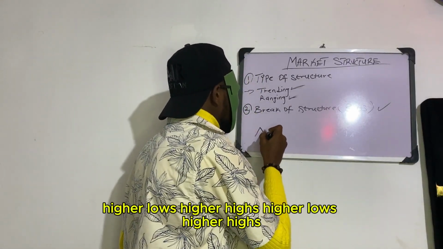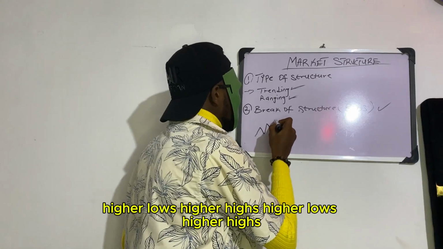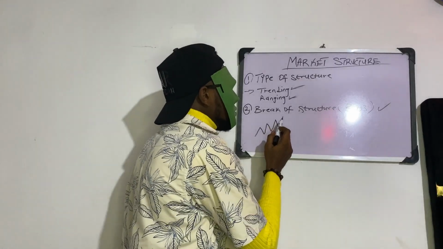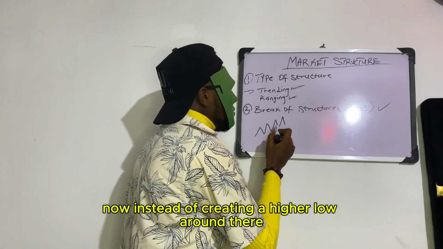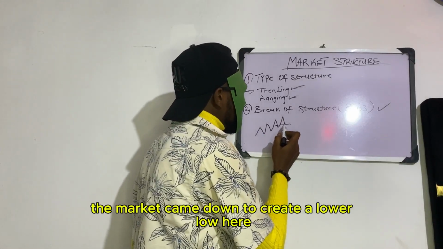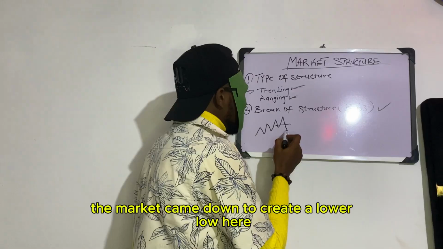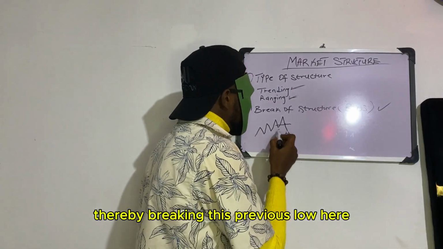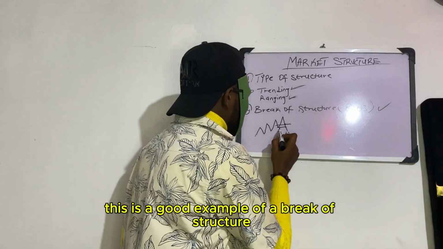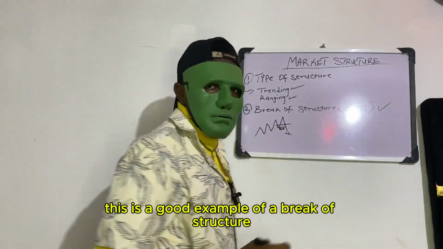Higher highs, higher lows, higher highs, higher lows, higher highs, higher lows, higher highs. Then after every higher high, instead of creating a higher low around there, are you following? Instead of creating a higher low around there, the market came down to create a lower low here, thereby breaking this previous low here. This is a good example of a break of structure.